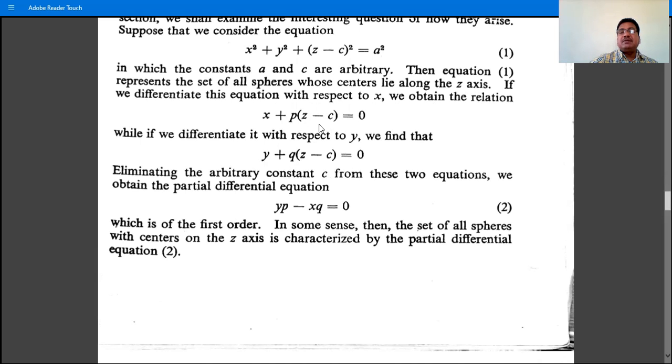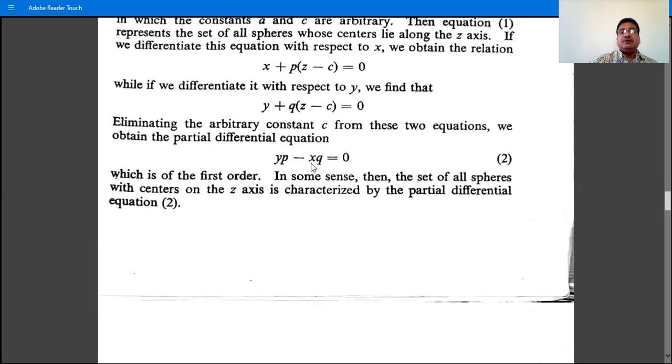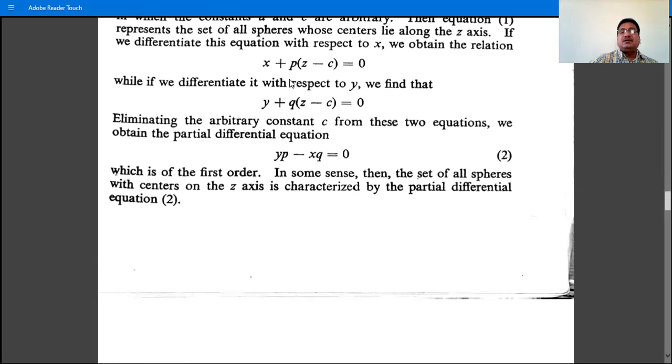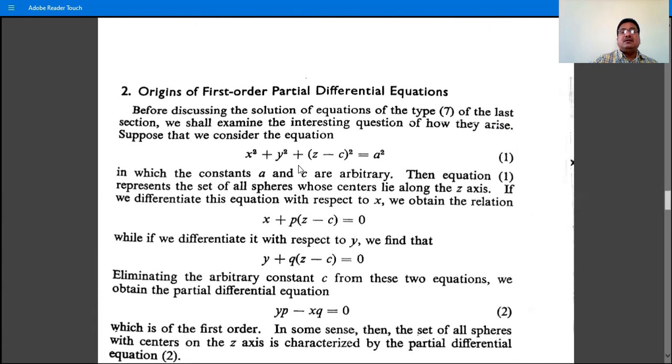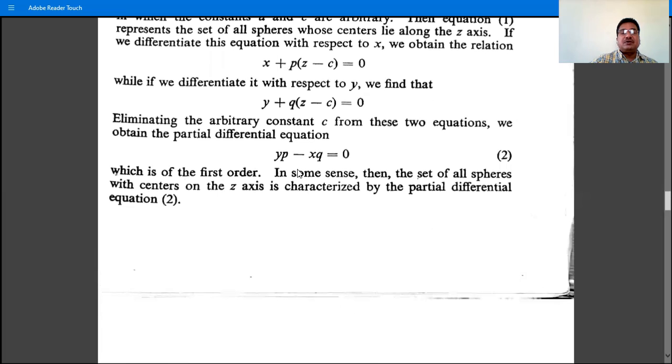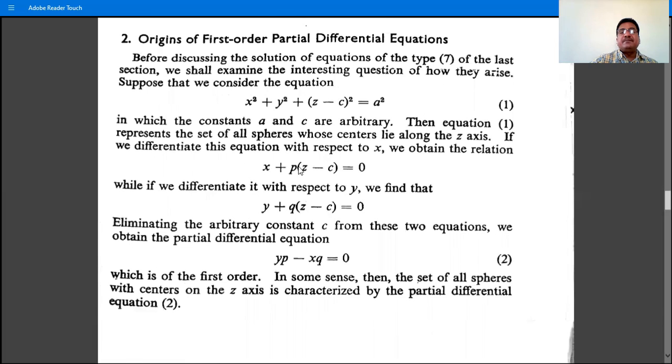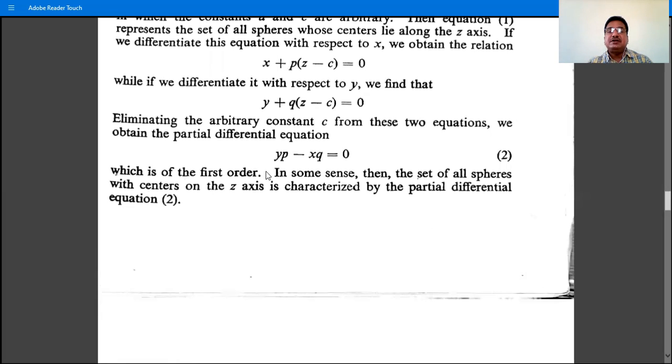We have these two equations, and by using these two equations, multiply this by q and this by p, and subtracting we have yp minus xq is equal to 0, and this is the required partial differential equation of first order. Okay, so this is the formation, we have to eliminate the constants c and a. This is the solution of the problem, and this is the corresponding partial differential equation.